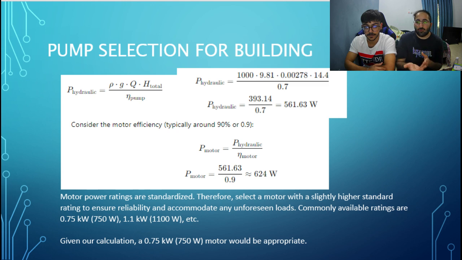So the motor power is calculated as below, which will be approximately 624 watts. The motor power ratings are standardized. Therefore, select a motor with a slightly higher standard rating to ensure reliability and accommodate any unforeseen loads.